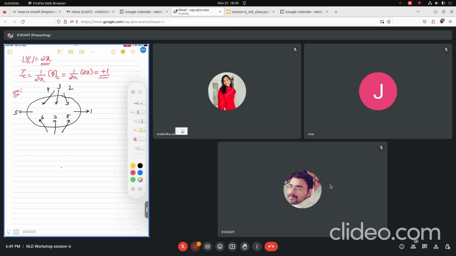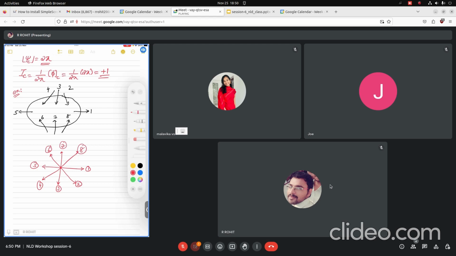For that you take an initial point like this, and the initial one makes 0 angle with the horizontal, then the second makes like this, third is downward, fourth moves like this, fifth is in this direction, sixth moves in this way, seventh in this direction, and eighth in this direction.